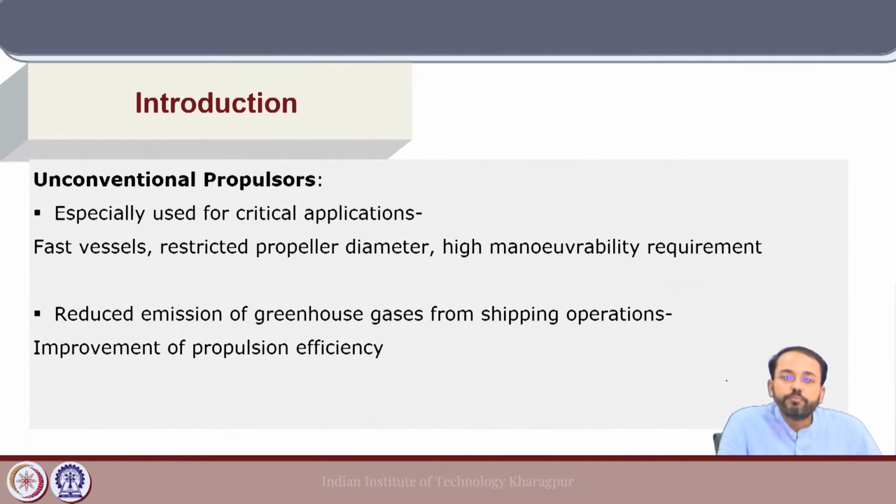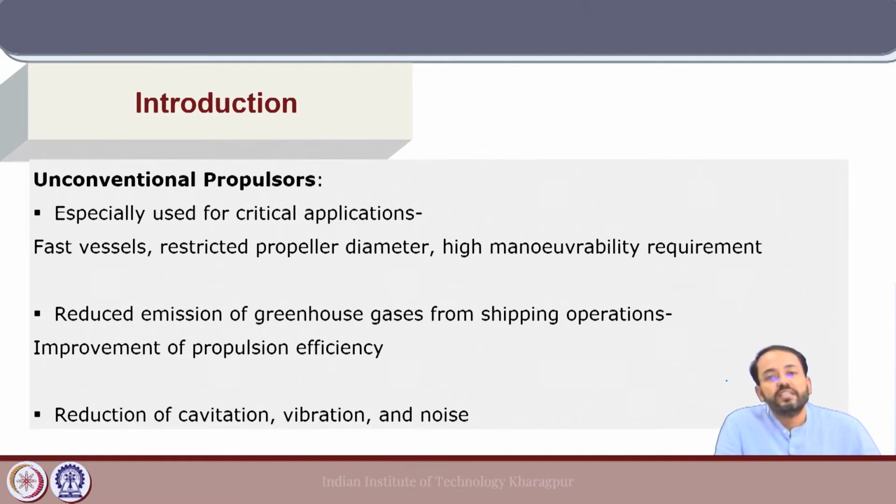If we want to improve the propulsion efficiency for specific vessels and operation conditions, one has to look into the aspects of the propeller design with respect to the ship design for the condition in which the ship is operating. And here these unconventional propellers sometimes play a big role in improvement of the propulsion efficiency. Reduction of cavitation, vibration and noise are also important concerns for the propulsor design.